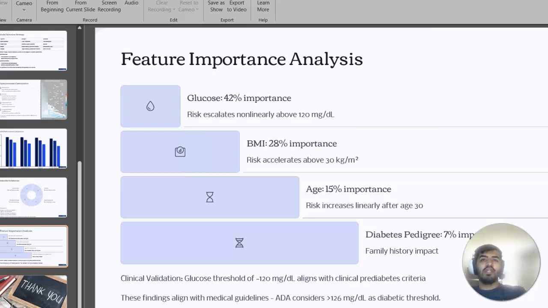The three main ensemble methods provided the best overall performance. The ensemble model didn't outperform individual models, suggesting correlated errors between models.